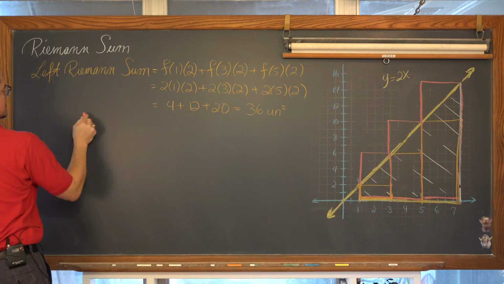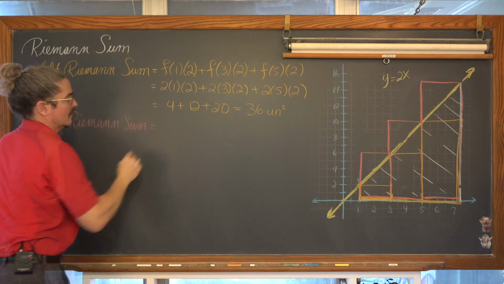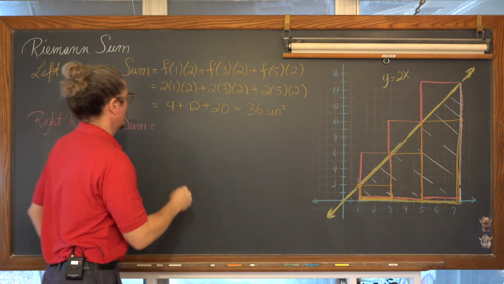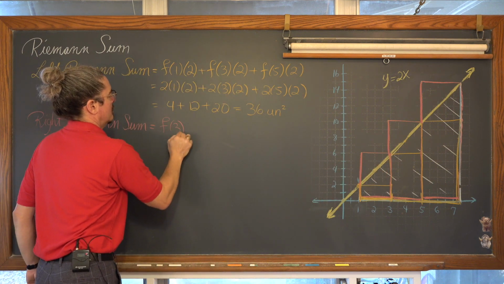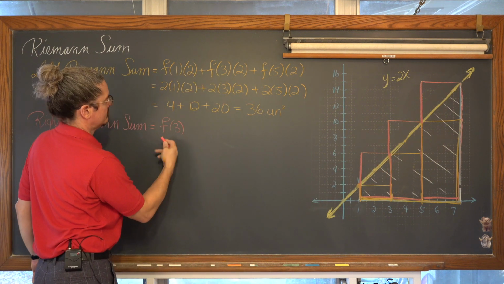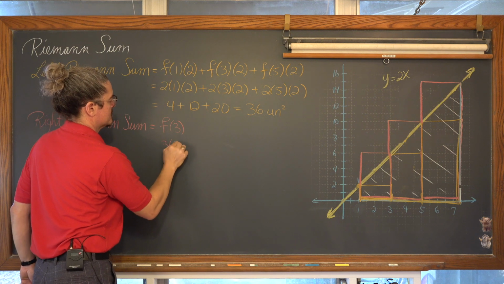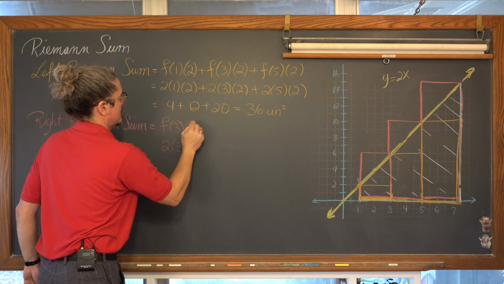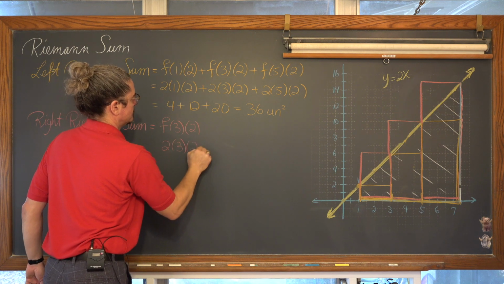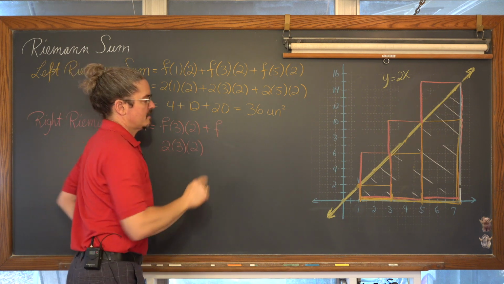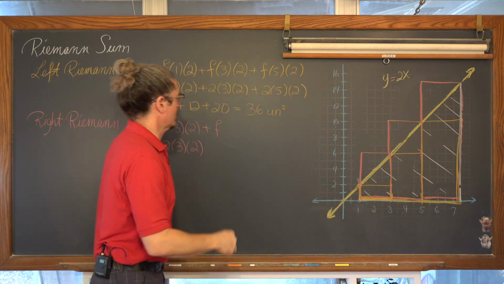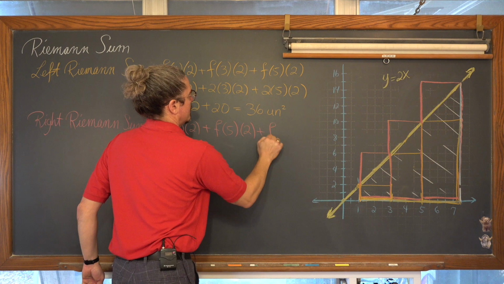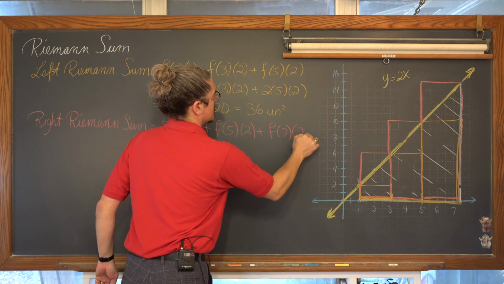Our right Riemann sum is going to be equal to 3 getting put into the function 2x, giving a height of 2 times 3, which is 6, times its base of 2. Then we take the x value of 5 and plug it into our function, so f of 5 times the base of 2, and f of 7 times the base of 2.